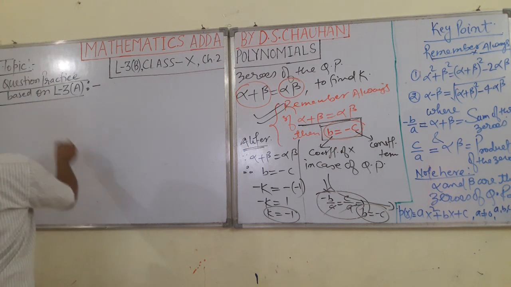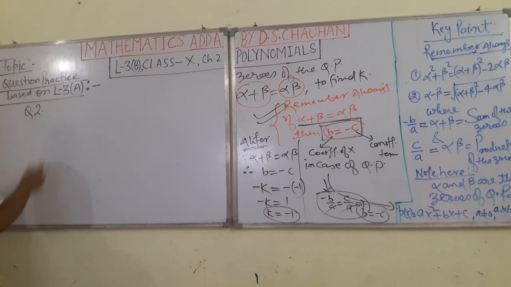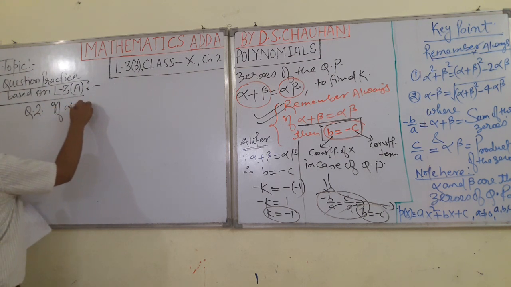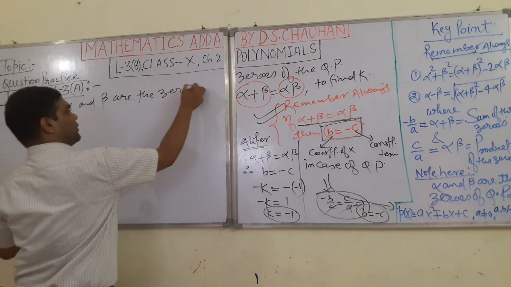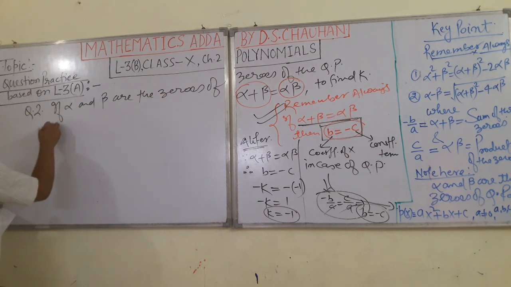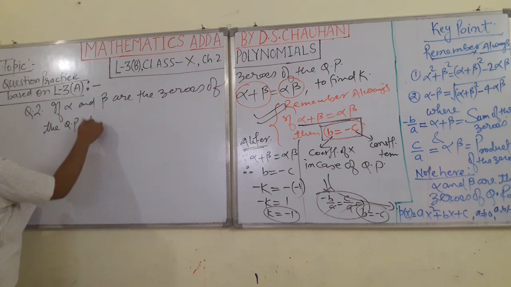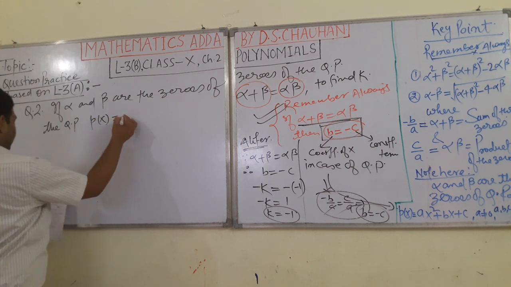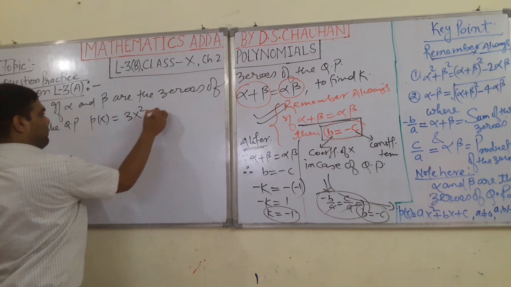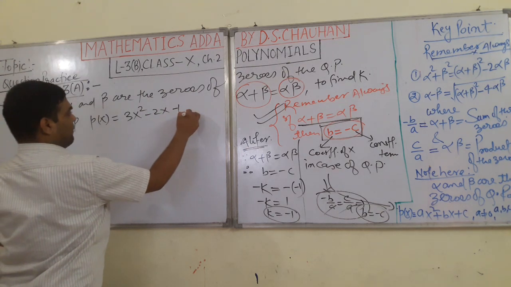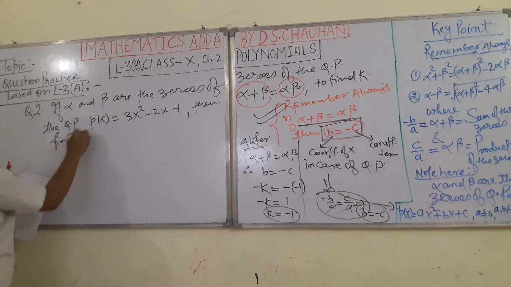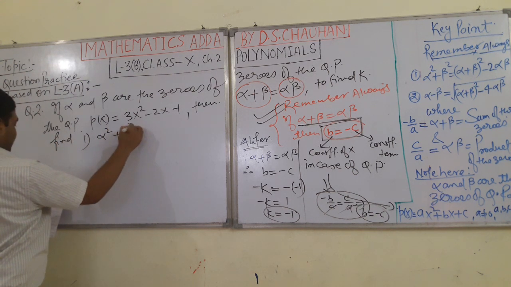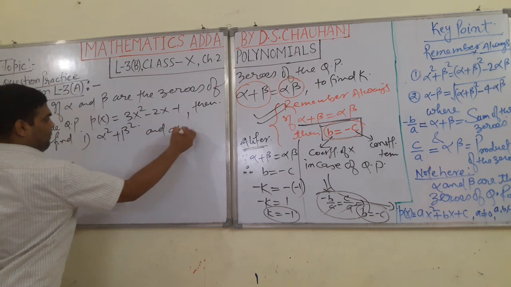Next question, students. This is a very important question. Question number 2: if alpha and beta are the zeros of the quadratic polynomial p(x) equal to 3x square minus 2x minus 1, then find alpha square plus beta square and alpha minus beta.